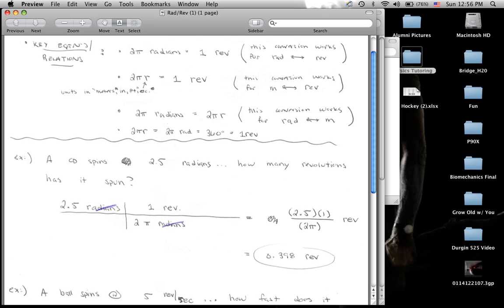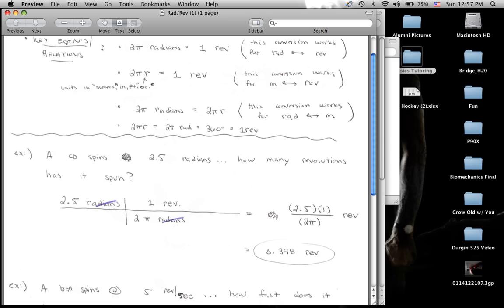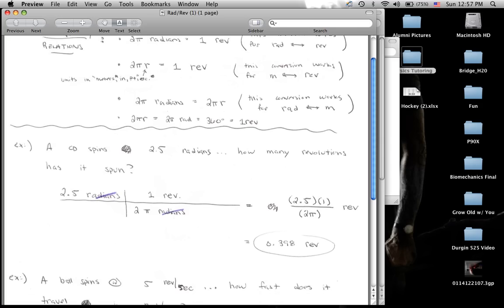If I had put revolutions on bottom, then I would have 2 pi radians divided by 1 revolution, and then I've got radians squared over revolutions. That's not the unit I want. So I'll write radians on the bottom, and my radians cancel. I multiply all the numbers on top, divided by all the numbers on the bottom, and the only unit I'm left with is revolutions. If I do the math, I get 0.398 revolutions.